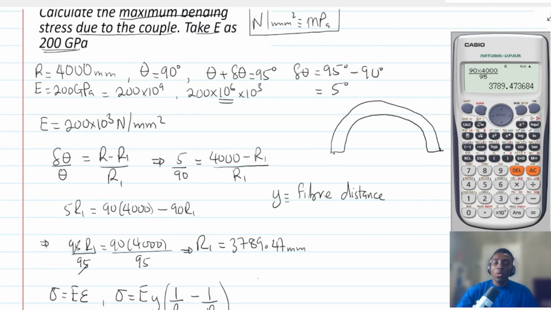So this is the theory: whenever you have a member, if I apply the moment, there is always going to be some portion which will be in tension, and then some portion will be in compression.